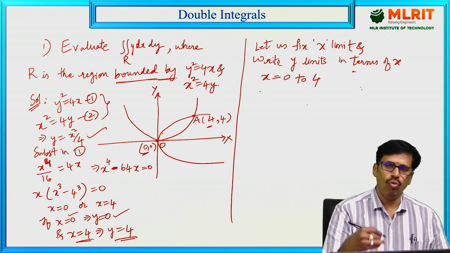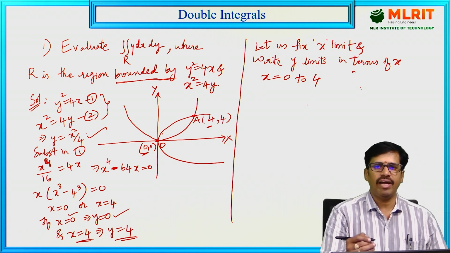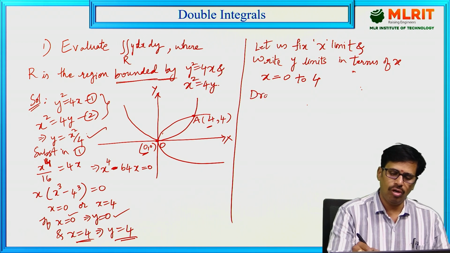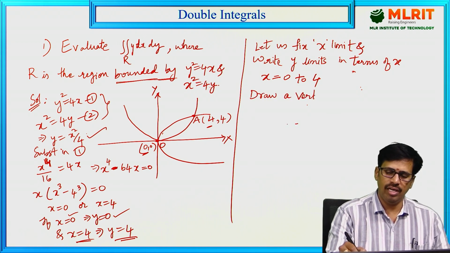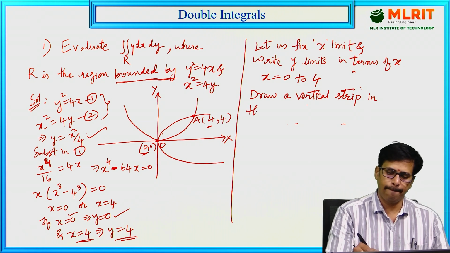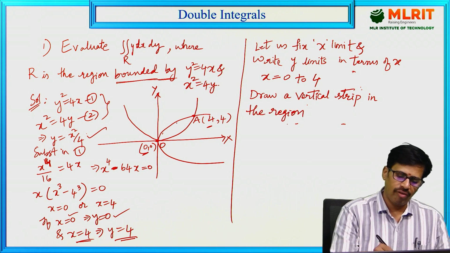To write the y limits in terms of x, we have to draw a vertical line or a vertical strip in the region. So let us draw one vertical line or a vertical strip here.